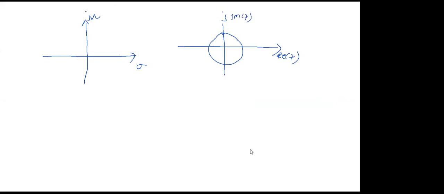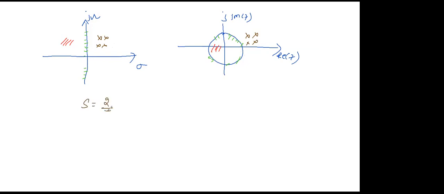Then what you observe is that poles on the left-hand side are inside the unit circle, and poles on the j omega axis map to mod z equals 1. I'm using a different color so that people will understand better. And poles on the right-hand side of the j omega axis map to outside of the unit circle. It is very simple. So our mapping is a proper mapping, and it's one-to-one.